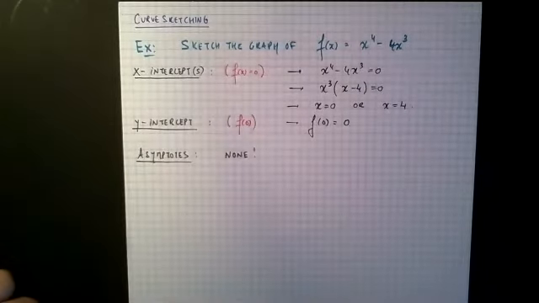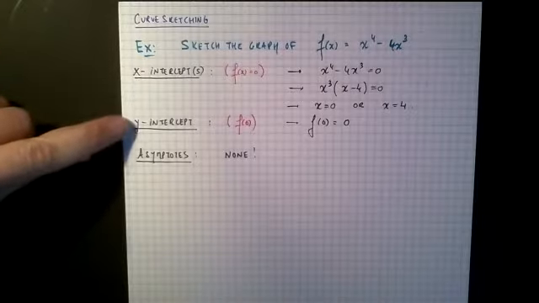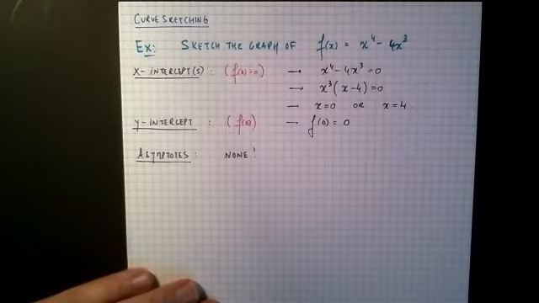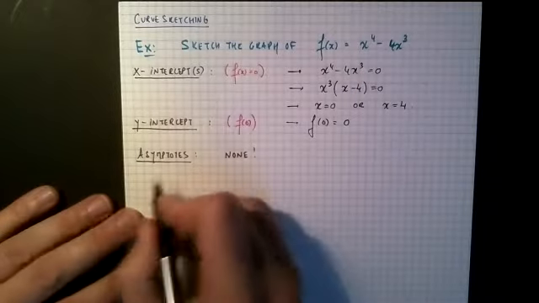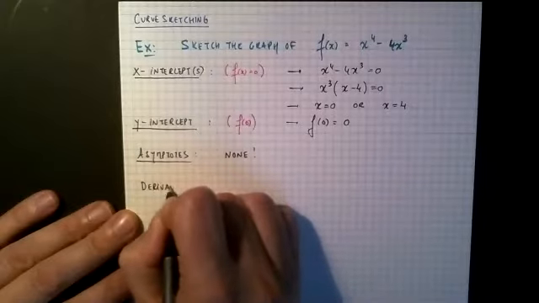Now that I've identified my x-intercepts, my y-intercept, and that there's no asymptote, the next thing I'm going to do is find my derivatives.